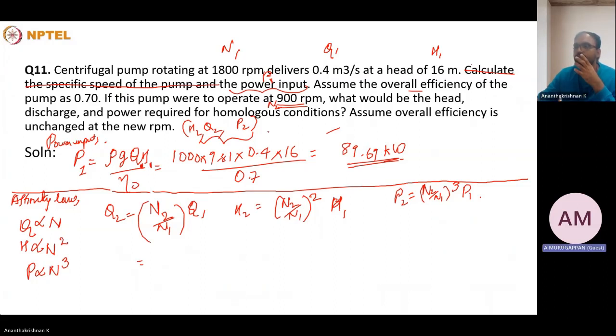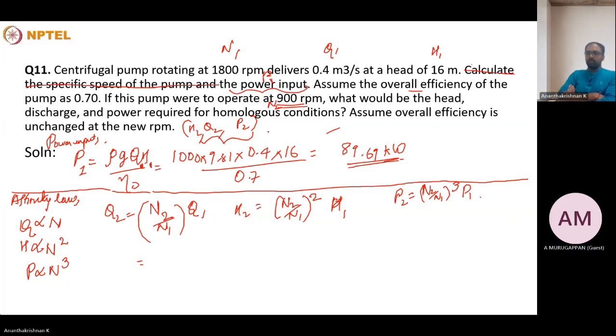Yeah, right. Q2 is 0.2. Yes. H2 is 4 meters.